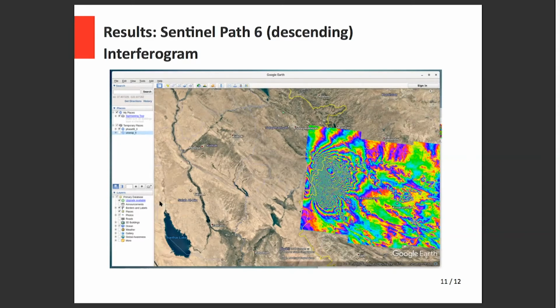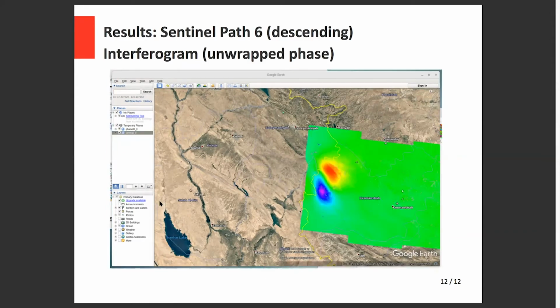We have a better overlap of the deformation and the frame. We tried it again, and it's very consistent with the result we had for the other descending frame. Something to play with later is learning how to do averaging and stacking to clean up the results a little bit.